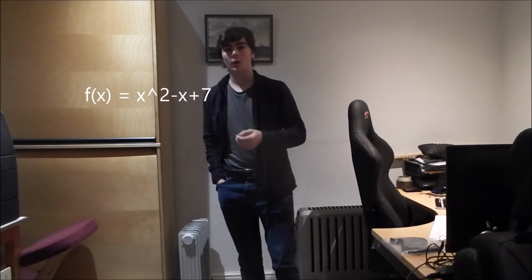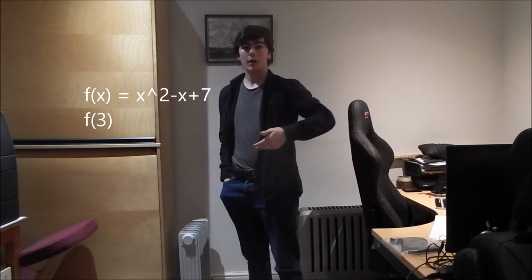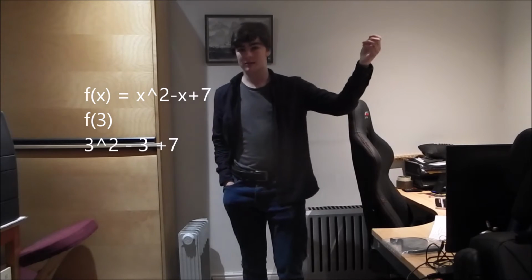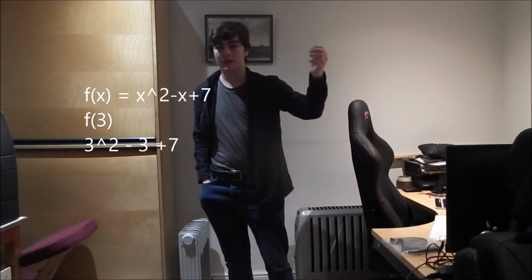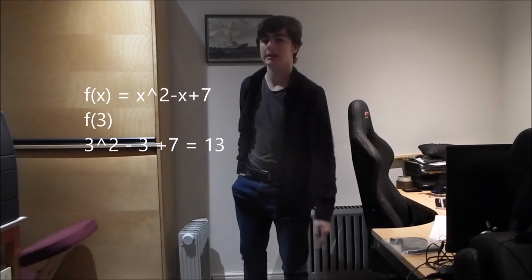Sounds simple, right? Let's say the equation of f of x equals x squared minus x plus 7. Now, let's say you want to find f of 3. So you just put 3 where the x is. So, for example, 3 squared, because that's where the x is, minus 3, because that's where the x is, plus 7. And you could work it out, it's going to be 13.